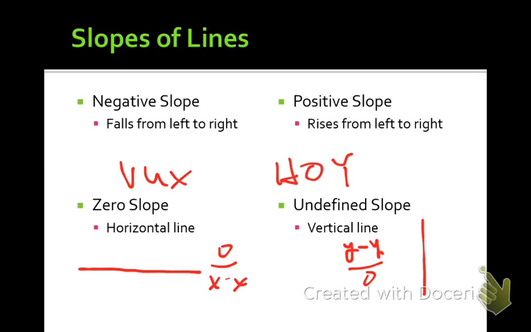Those actually should be flipped around. But anyway, a vertical line has an undefined slope, and the equation is x equals some number. HOY is a horizontal line, has a 0 slope, and the equation of that line is y equals some number.